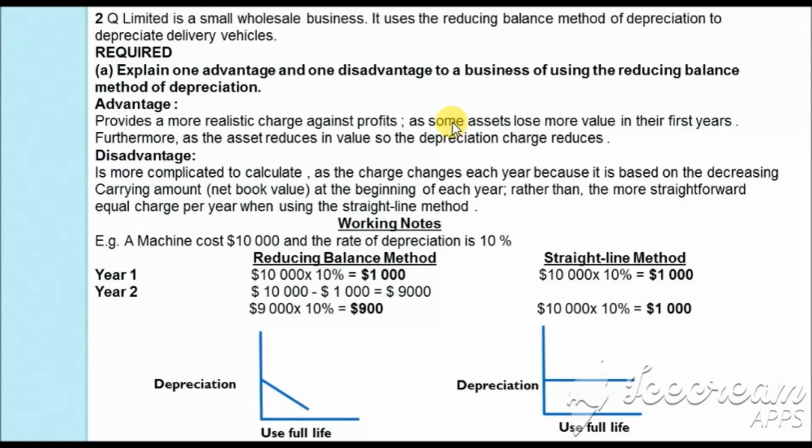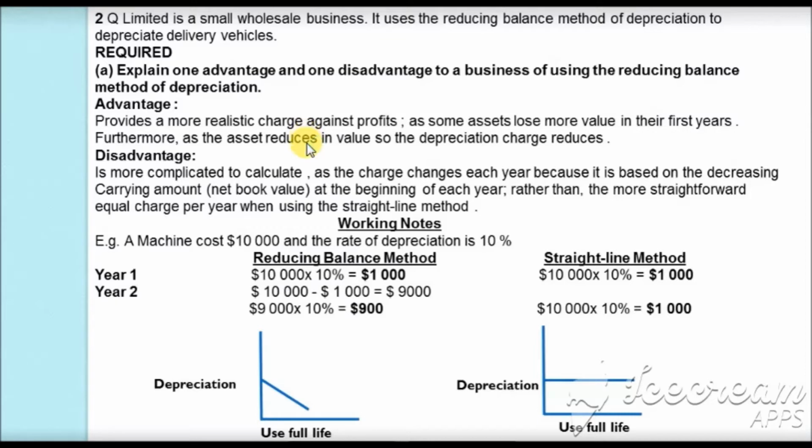For example, if you take your phone, the value lost in the first year is much higher compared to the later years. So when we charge depreciation using the reducing balance method, we charge it in a more realistic way: a higher depreciation is charged in the first year when there is a greater fall in value, and as the value of the asset reduces, we reduce the depreciation charge.